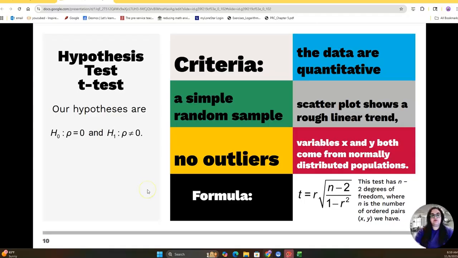Okay, so before you can test a hypothesis, you need to first collect a sample, okay? Then your data needs to follow some criteria. It needs to be quantitative, so numerical data. It needs to be from a random sample. The scatter plot, after you create it, needs to roughly show that there's a linear trend, whether it's positive or negative.